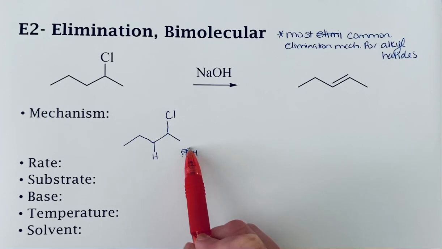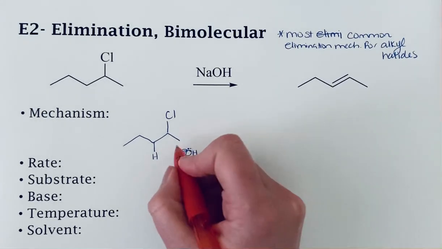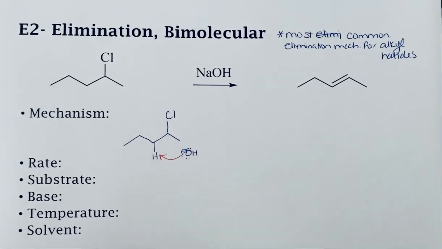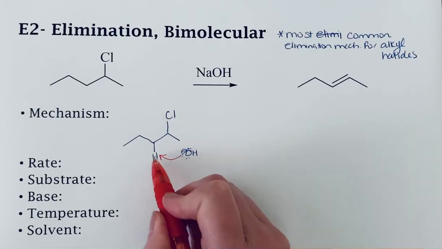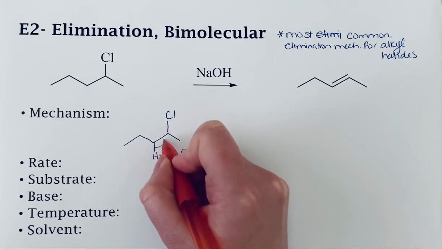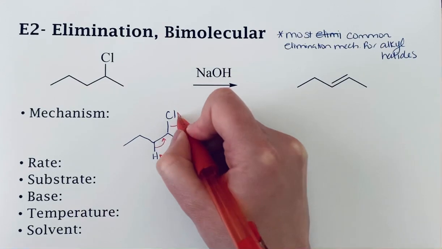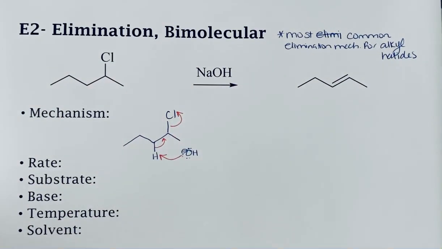Instead, this hydroxide isn't acting as a nucleophile. It's acting as a base and abstracting a hydrogen from the beta carbon. And it's forming a bond between the oxygen and the hydrogen. And these electrons are collapsing to form the pi bond. And then we are pushing out the leaving group. And that all takes place in one step.